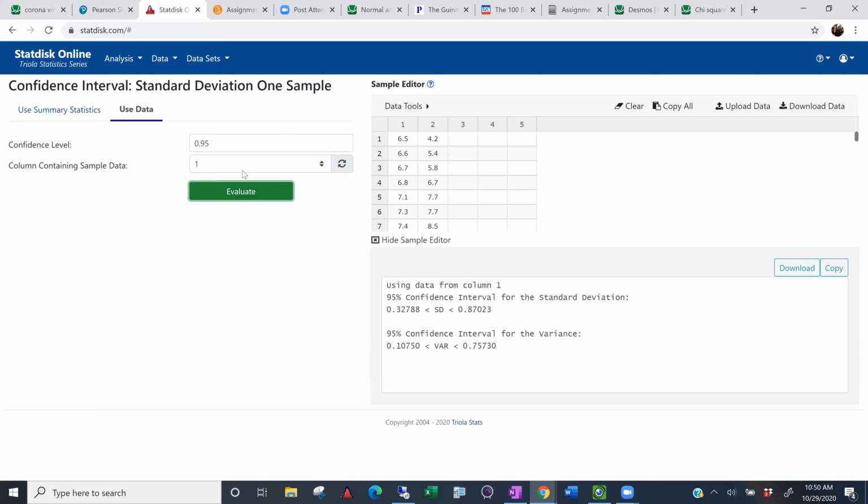Now let's repeat this for column 2. And here our confidence interval is between 1.25 and 3.33.